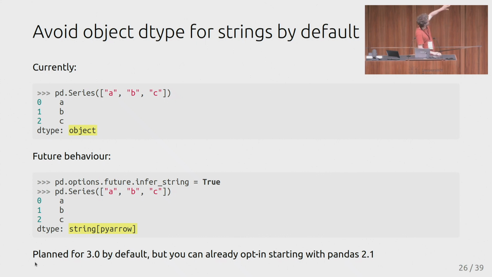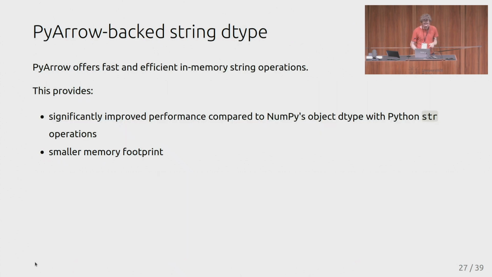Under the hood, this new data type is using the PyArrow library, and that library provides a fast and efficient way to store strings and to compute things on those strings.